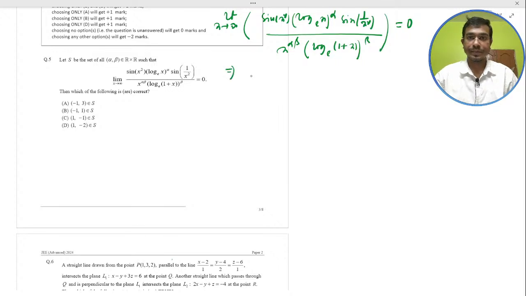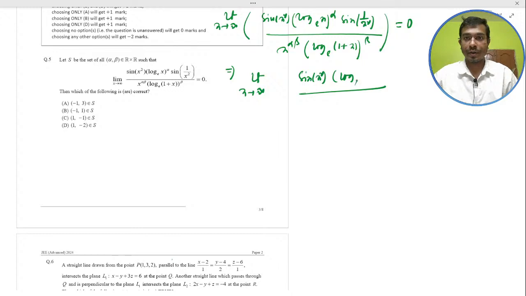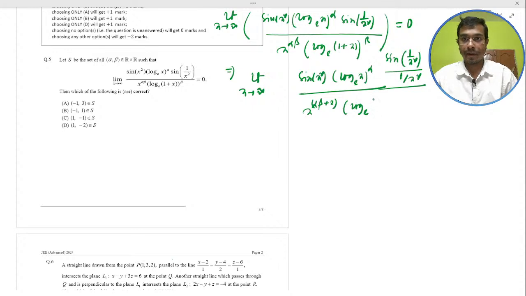That means the limit x tends to infinity sine of x square log e x to the power alpha sine 1 by x square by 1 by x square divided by x to the power alpha beta plus 2 log e 1 plus x to the power beta. This is equal to 0.